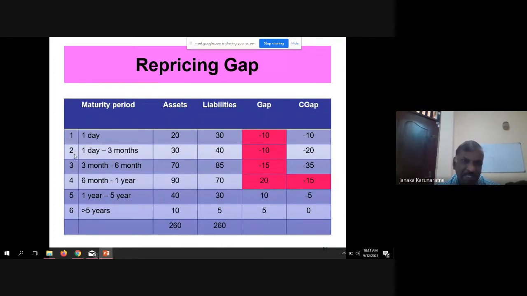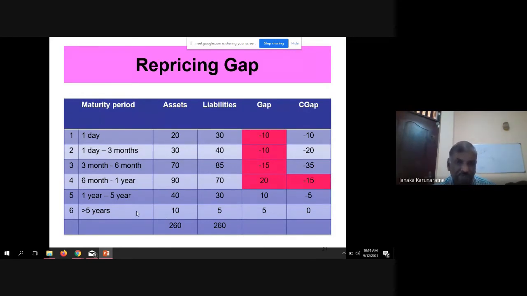Repricing gaps: 1 day gap, 1 day to 3 months gap, 3 months to 6 months gap, 6 months to 1 year gap, 1 year to 5 years, and more than that. Usually when we look at repricing gaps, we focus on the very short term, because no one can predict the longer term. Generally we talk about up to about 1 year.